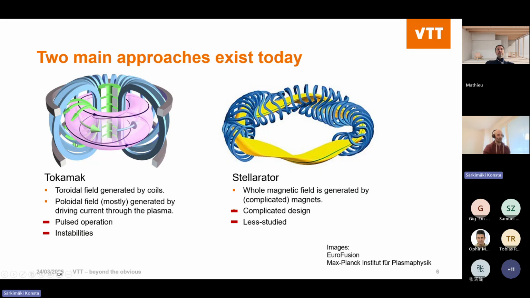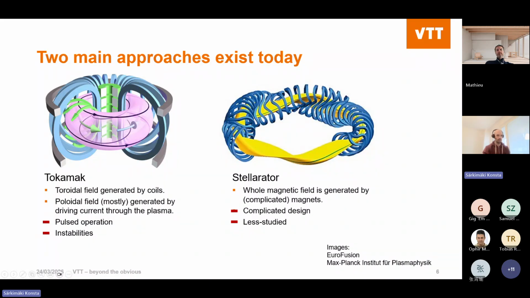Another issue with tokamaks is that, due to this plasma current, and I'm not going into details, they are prone to instabilities. With stellarators, because we don't have plasma current at all, they are steady state and not so prone to instabilities. But the problem is, as you can see from these magnets, that they have a more complicated design.